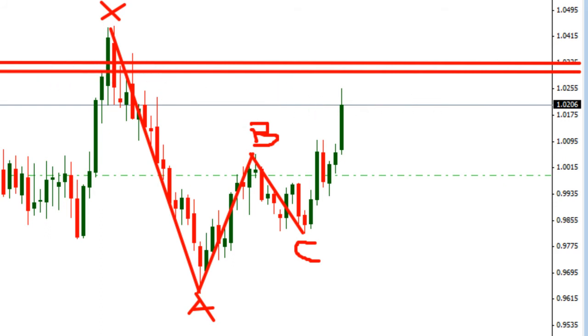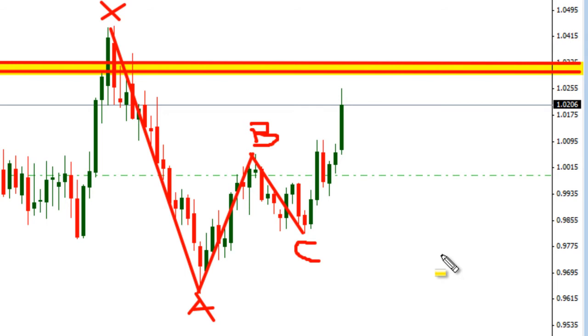Just around here. So this area, colored in yellow, is what we call our potential reversal zone. So as it stands now, price is gradually approaching our potential reversal zone.